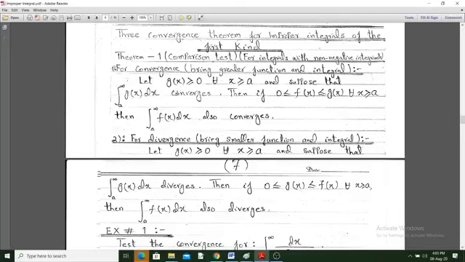So suppose you have to check the integral from a to infinity of f of x dx, whether it is convergent or divergent, and suppose you decide to prove it convergent.